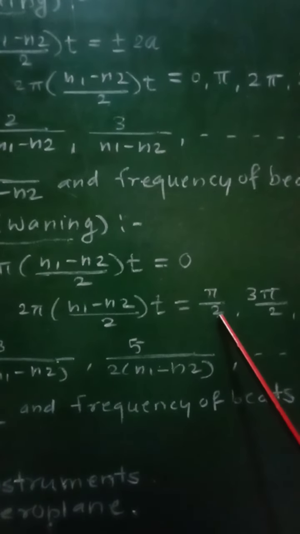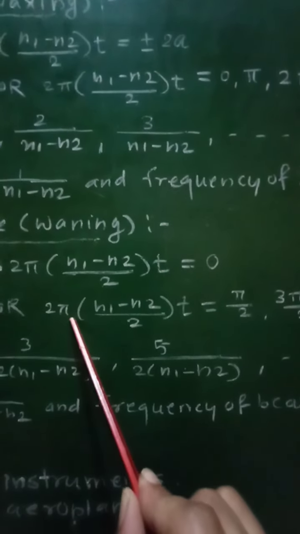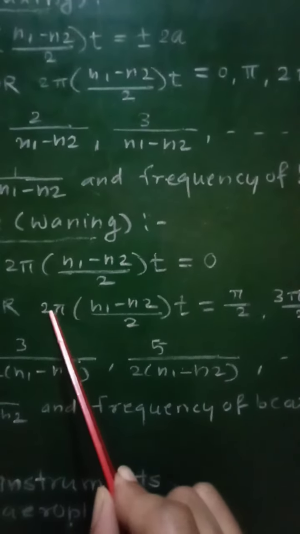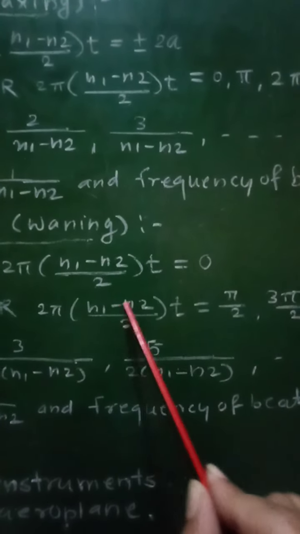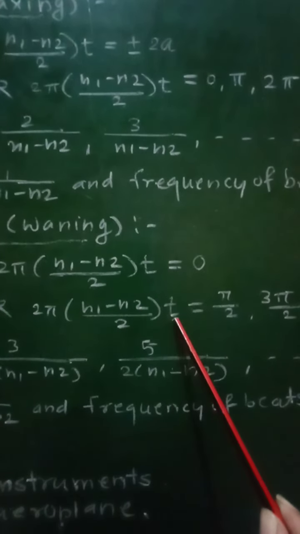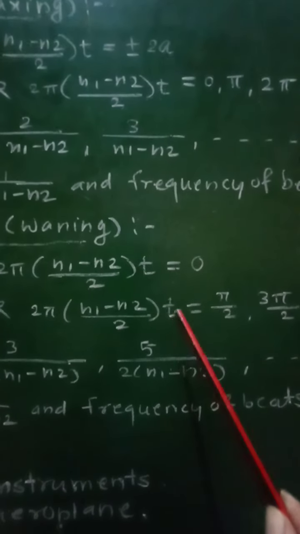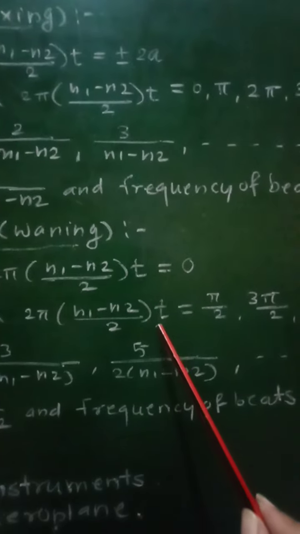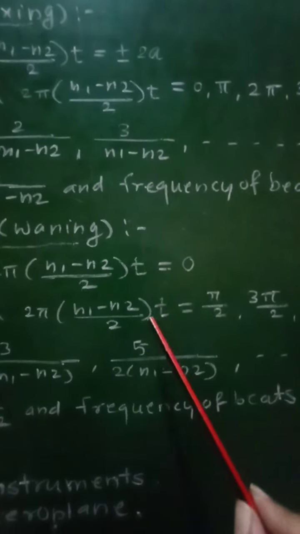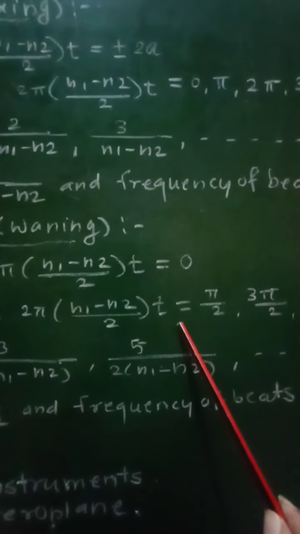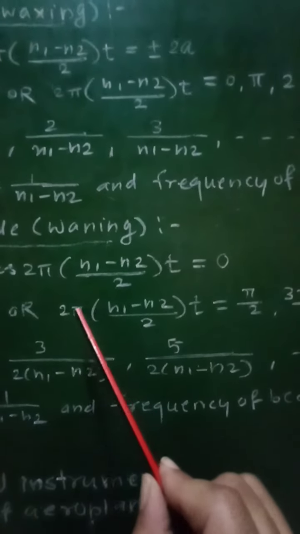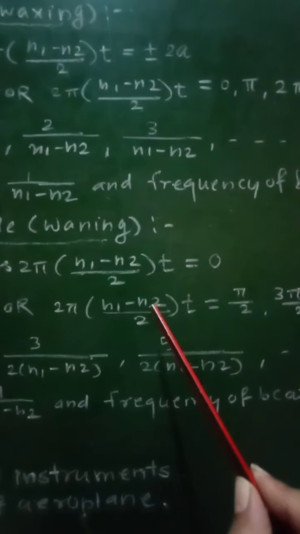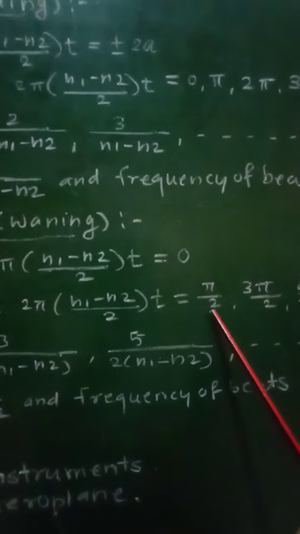So here first value is pi by 2. Now we will have to cancel this 2 into (n1 minus n2) by putting the value of t. So in place of t, if we put the value as 1 upon 2 into (n1 minus n2), then this 2 into (n1 minus n2) will get cancelled and we will get pi by 2.